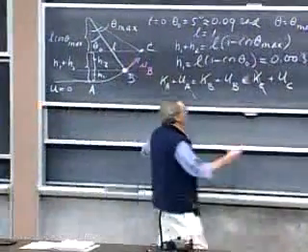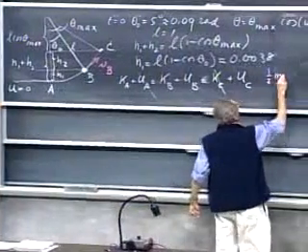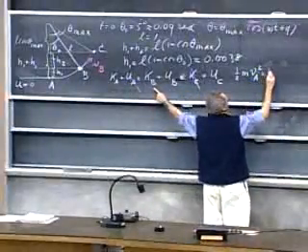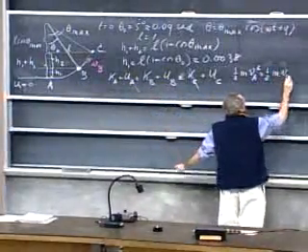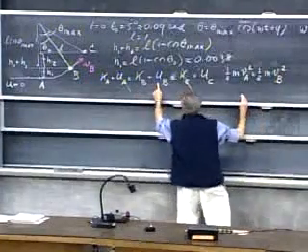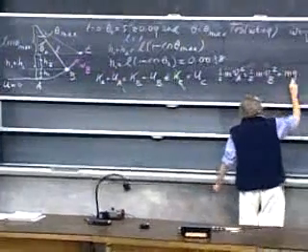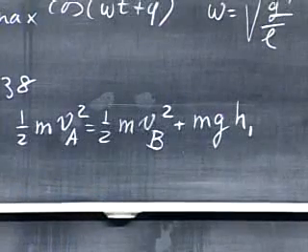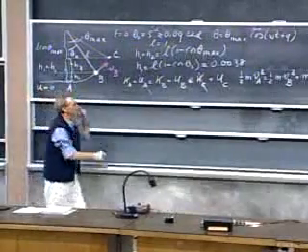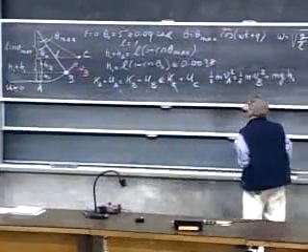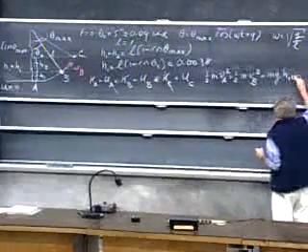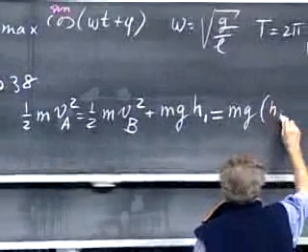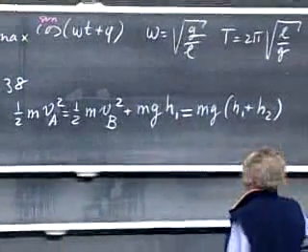So now we can write down that 1/2 m VA squared equals 1/2 m VB squared plus mg times h1, that is the potential energy at point B. It's higher than this point A, vertical separation h1, and that equals the potential energy at point C, which is mg times h1 plus h2.